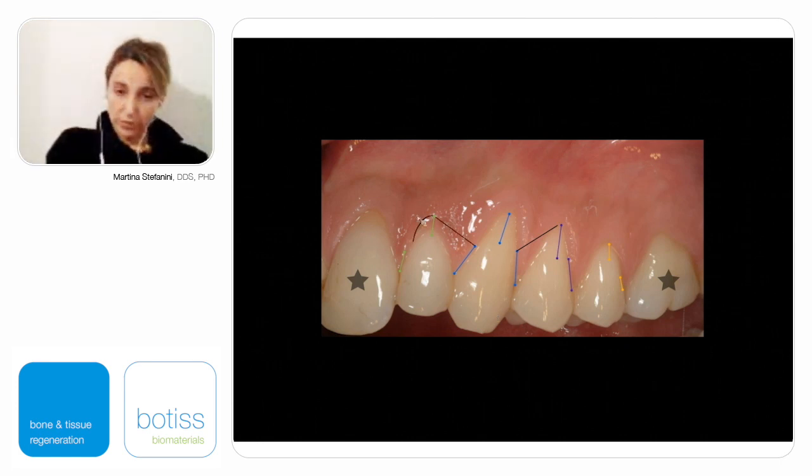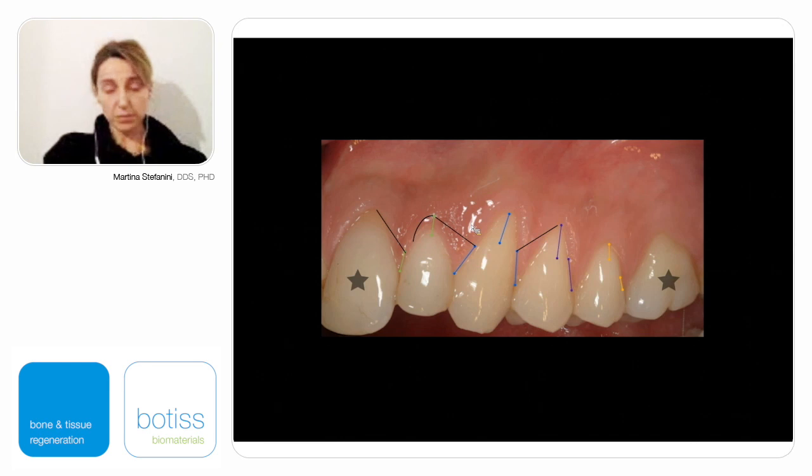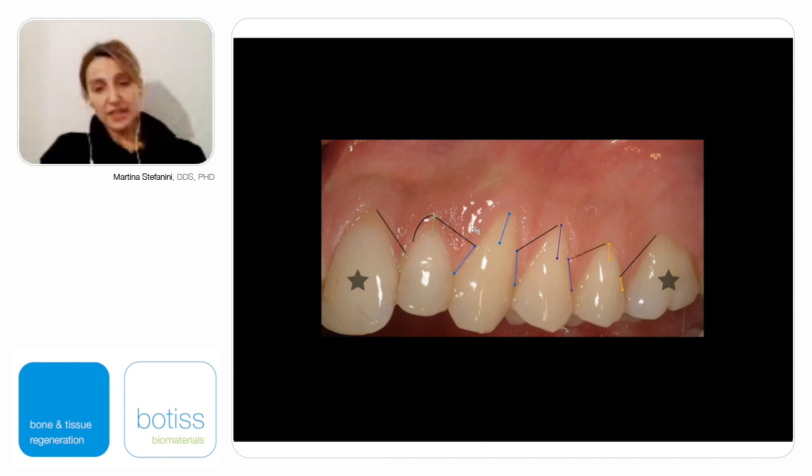And from the mesial aspect, starting from the lateral incisor directed to the canine, because when the envelope flap moves in a coronal direction, we have not only a coronal advancement of the flap, but also a rotation of the surgical papilla, mesial to the canine toward mesial and distal to the canine toward the distal area.